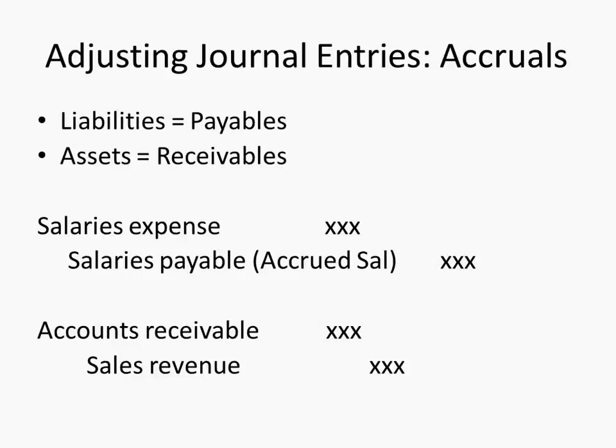So what happens is, just because you get paid, let's say you have a December 31st year end, let's say you get paid January 5th, but you've been working since December 20th, right? So December 31st comes around, you've earned 10 or 11 days of salary, right?